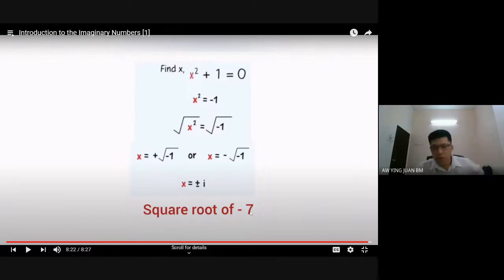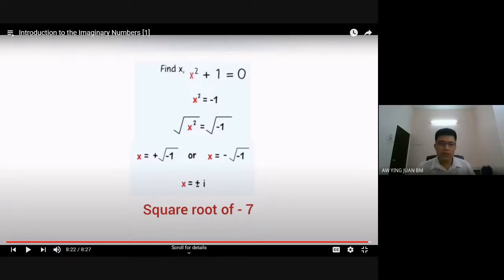For example, the square root of negative 7. And then after this, we have the square root of negative 9. So how do we solve problems related to the imaginary number?